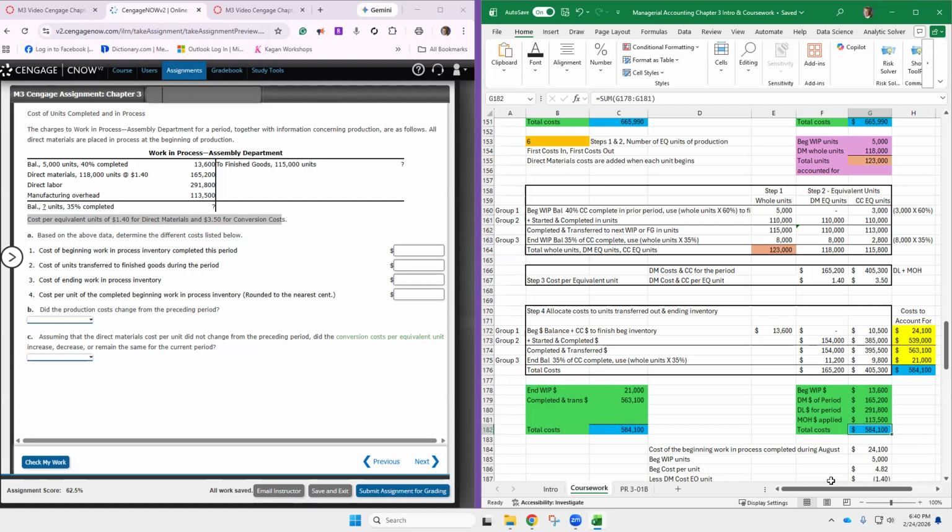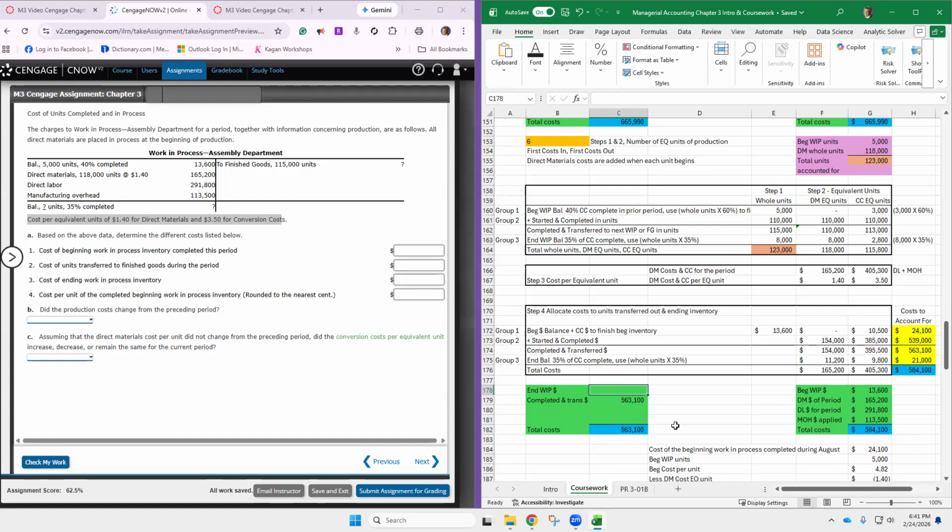If you add all of these together, you get total costs to account for, a check figure of 584,100. We don't know what the ending is yet, but we will.